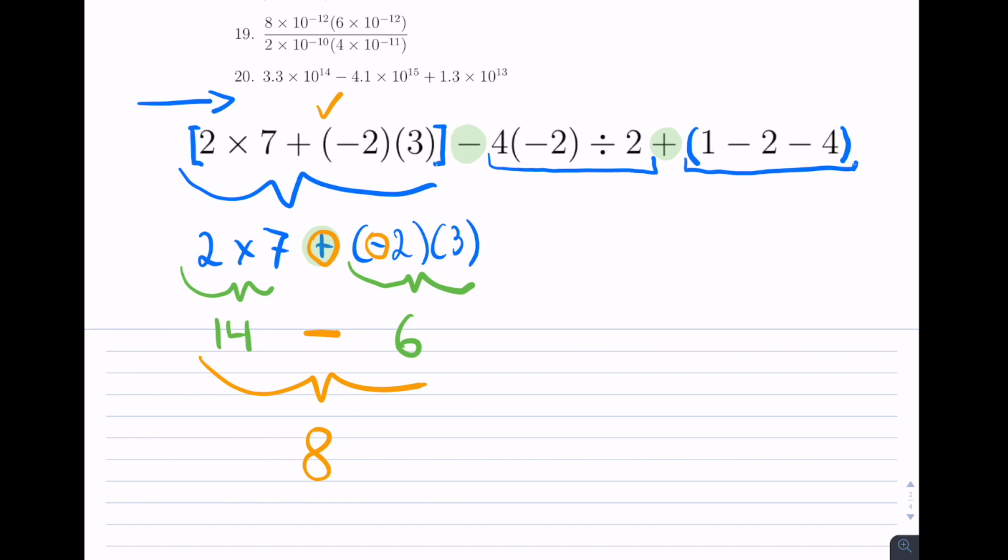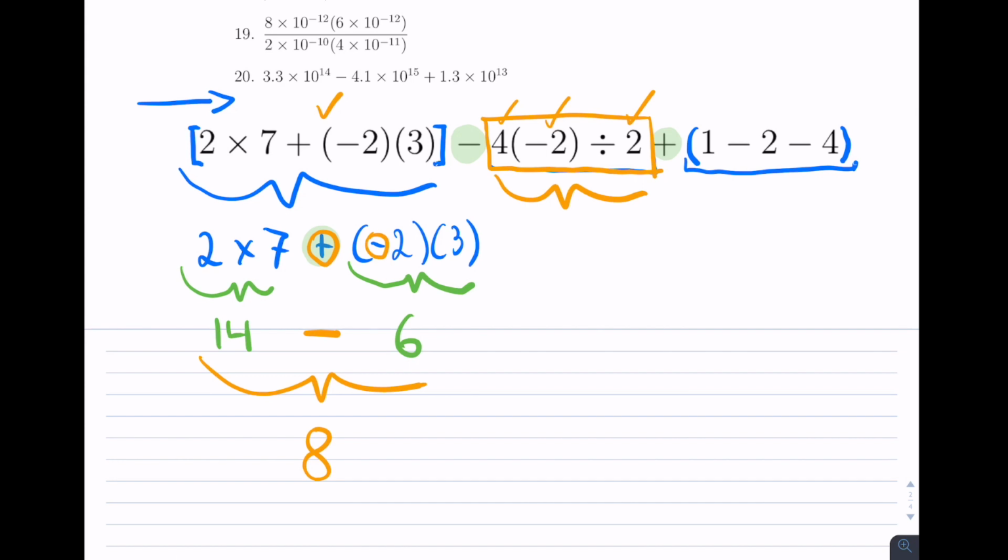Now let's take a look at the second term, which is this one. Here I actually have just 4 times 2 divided by 2. We're going to start always from left to right.